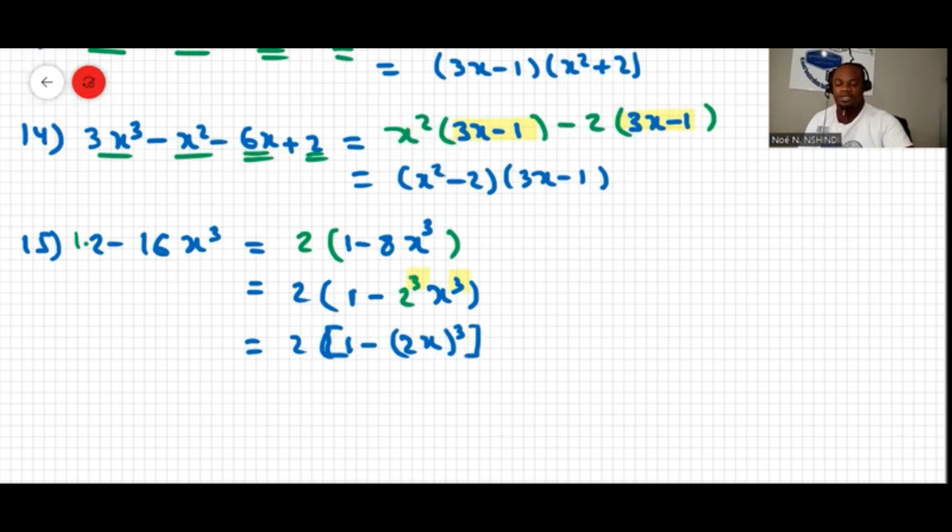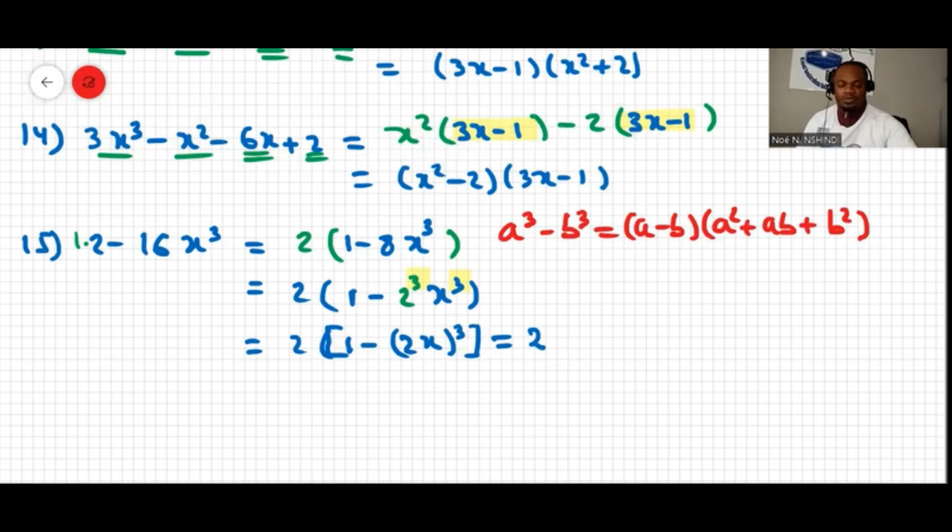Now we can factorize this by using the difference of 2 cubes formula. The property says that if you have a cubed minus b cubed, this is equal to a minus b, and then a squared plus ab plus b squared.